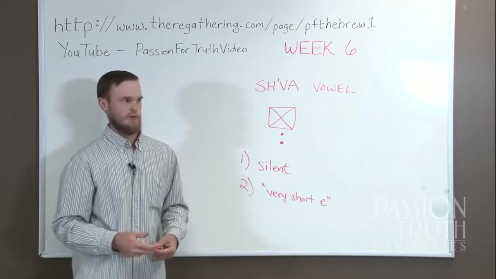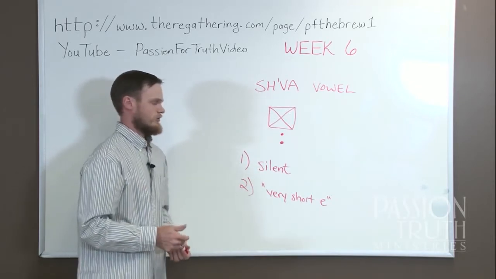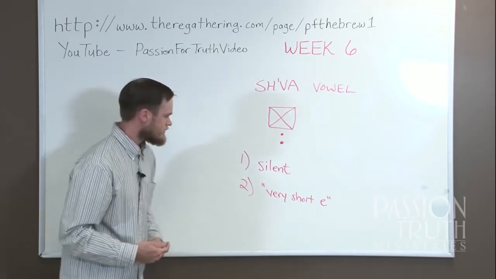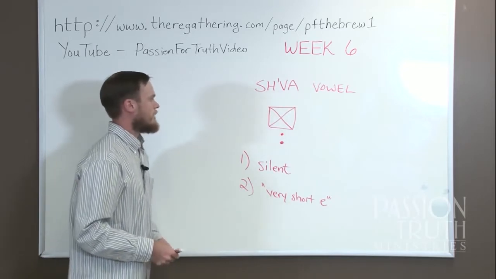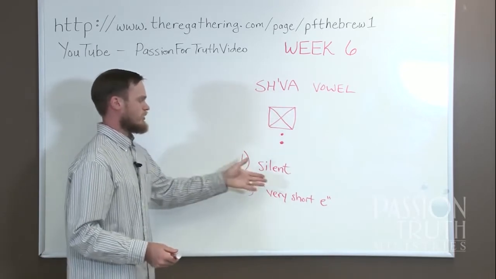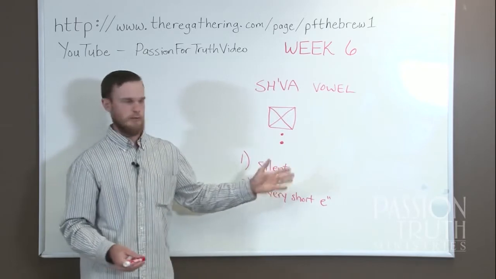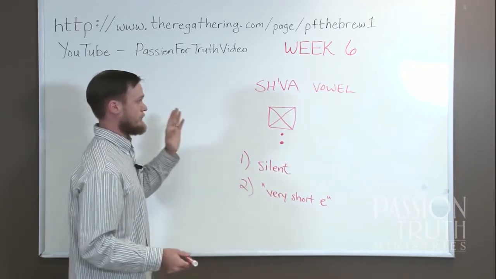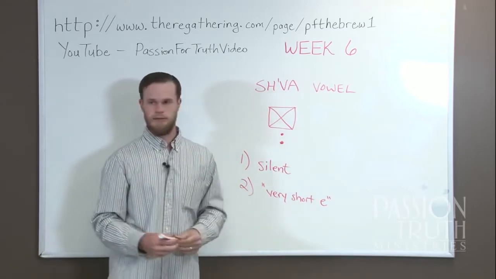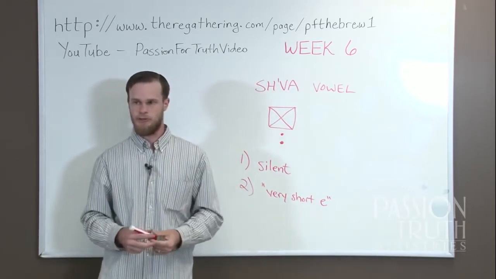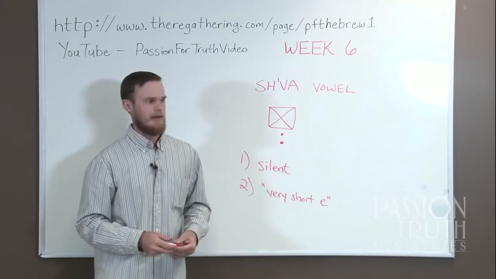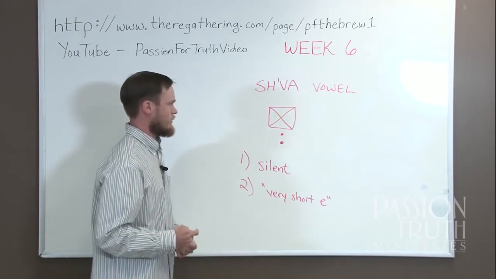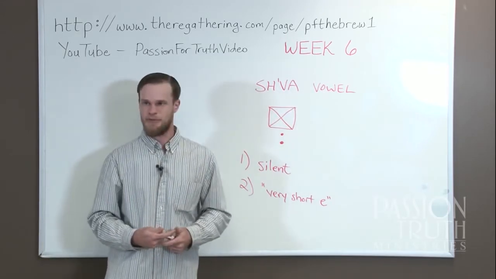It's not even a full eh. It's just kind of a squeak almost. Basically, there are rules governing when you don't pronounce it at all and when you pronounce it very slightly. I'm not going to go into those right now because they're complicated and they have to do with memorizing how syllables function and a bunch of technicalities that just kind of bog you down at this point.